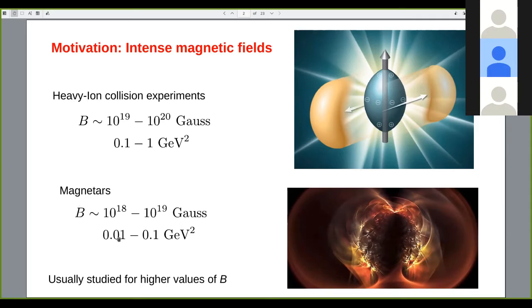There are many models trying to study such systems of high temperature, high density, and high magnetic field, but all have their advantages and disadvantages. One of the advantages of using finite energy sum rules is that we can reach precisely these magnetic field strengths.